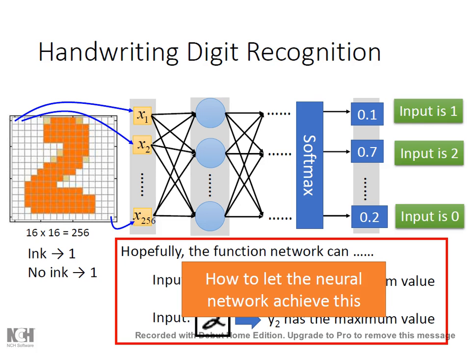The result looks good, because you can see this neuron has the highest value, which corresponds to the answer 2. So for this input image, the answer is 2. It looks like a very good result.